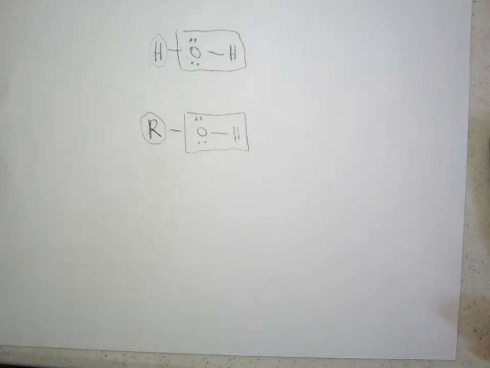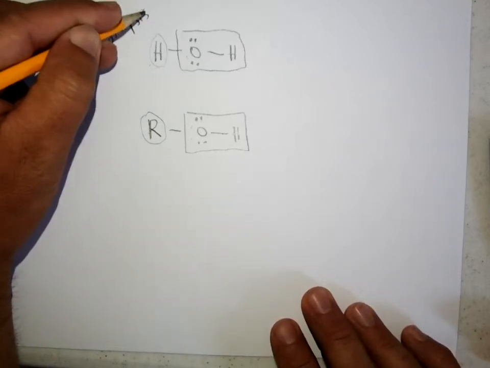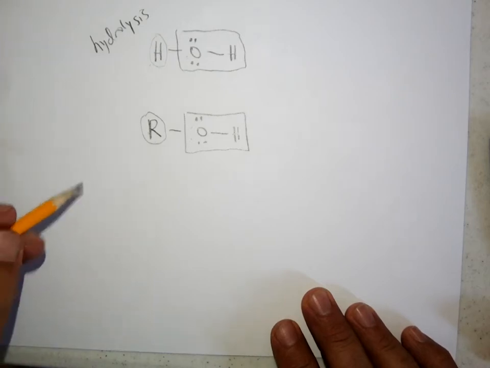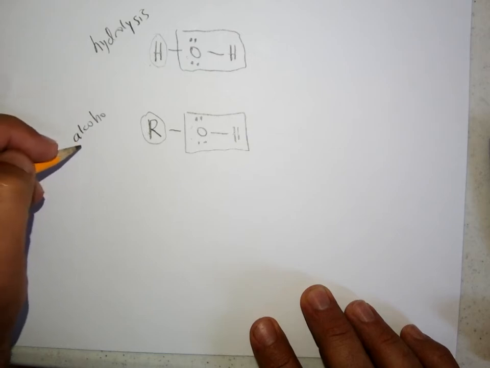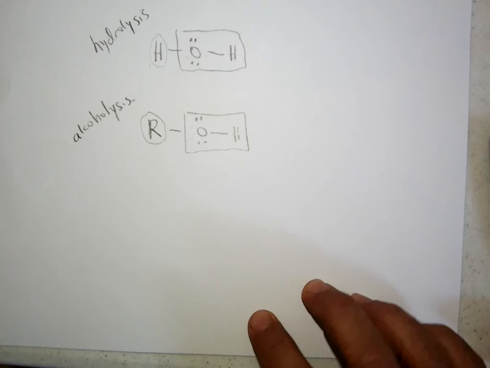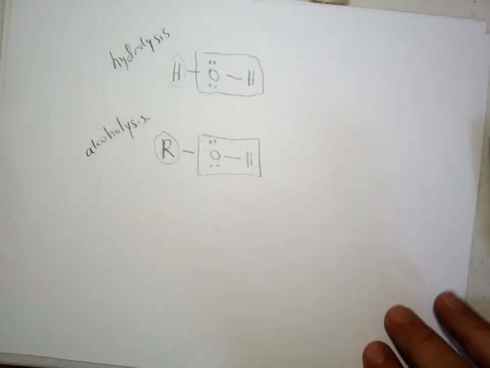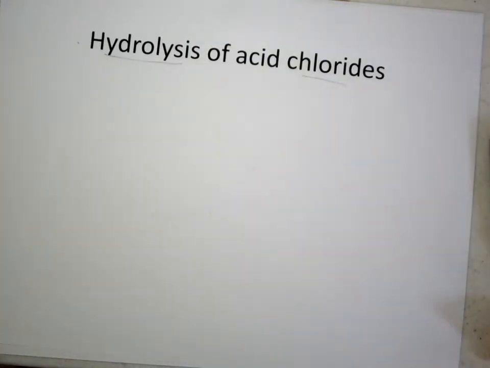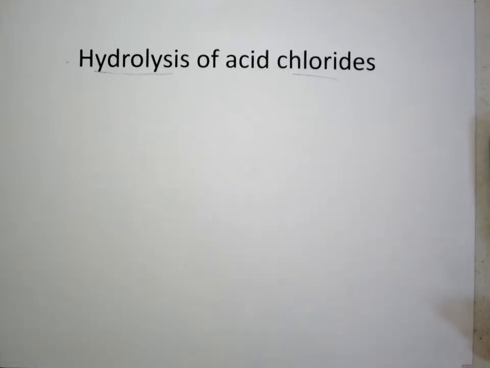So as we go through hydrolysis, hydrolysis would be reaction of water to split water and to get a reaction to go. Alcoholysis, and this is always hard for me to pronounce, is going to go very similarly. So let's knock out one mechanism, and as you learn this mechanism really well, it will totally help you to understand other mechanisms.